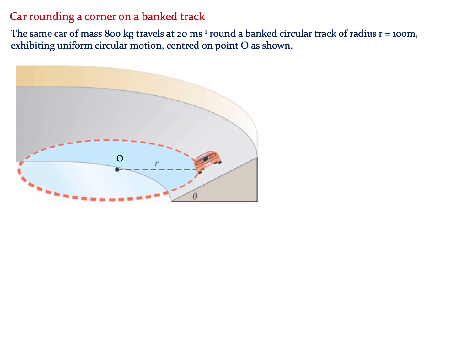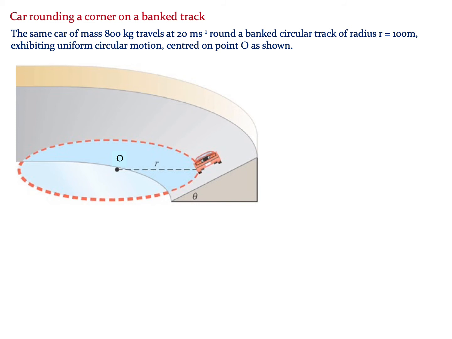We now come to a slightly more complex problem, and this is that of a car going round a corner on a banked track. A banked track is rather like the track that you'll have seen cycling competitions on in the velodrome, where the surface of the track is at an angle to the horizontal.